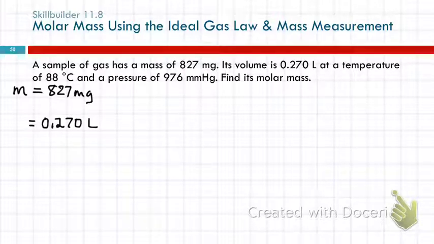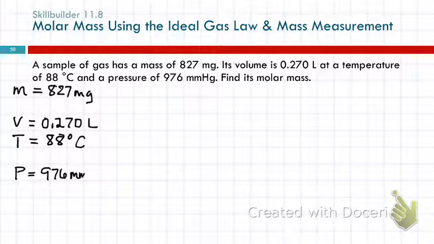That's our volume. Next one says temperature of 88 degrees Celsius and pressure of 976 millimeters of mercury. Those are all the numbers I was given. Find its molar mass.